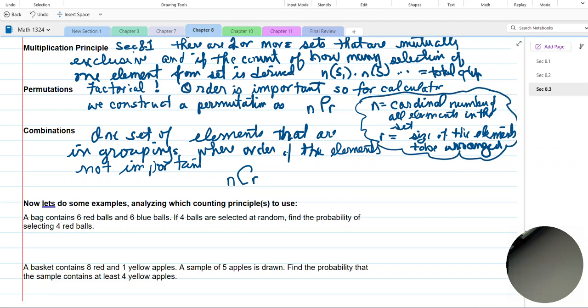Same description, only this is grouping, and permutations is order specific. And remember that our book uses the P of NR and the C of NR, all the same methodology to determine our total number of elements and the size of whatever we're organizing.